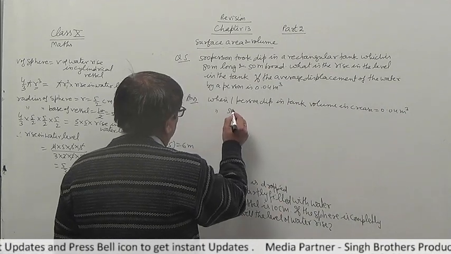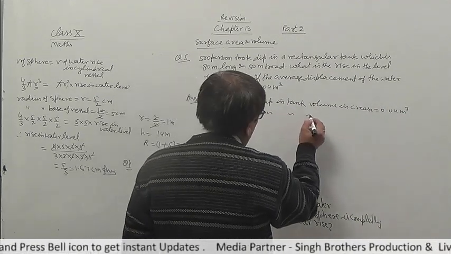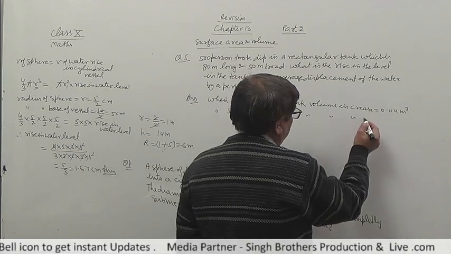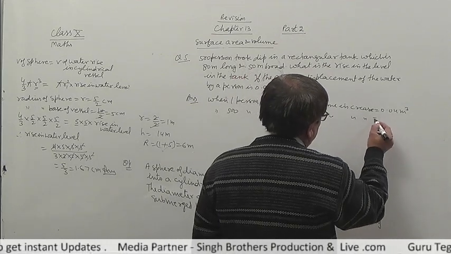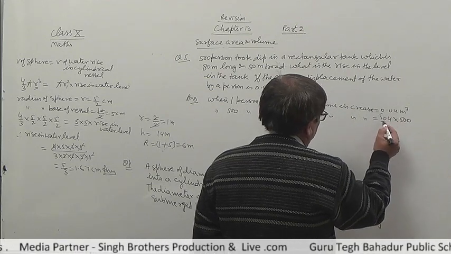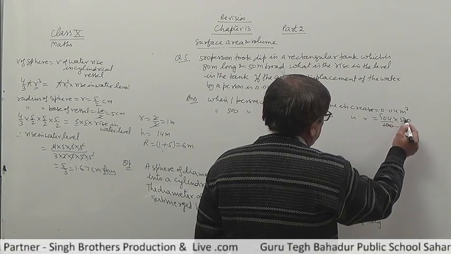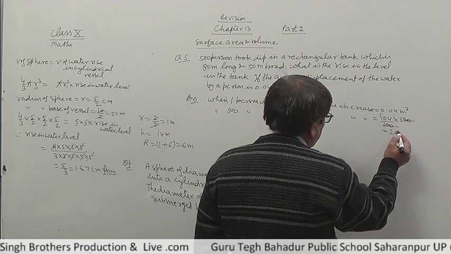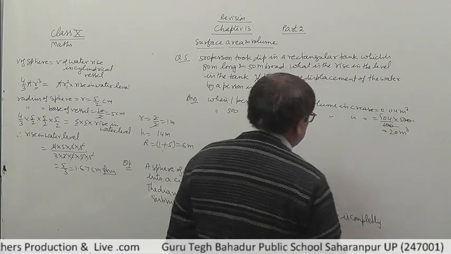And when 500 people dip in the tank, the volume increase is 0.04 into 500. This cancels, 20 meter cube.